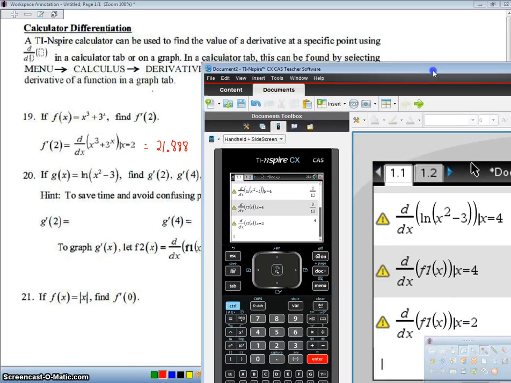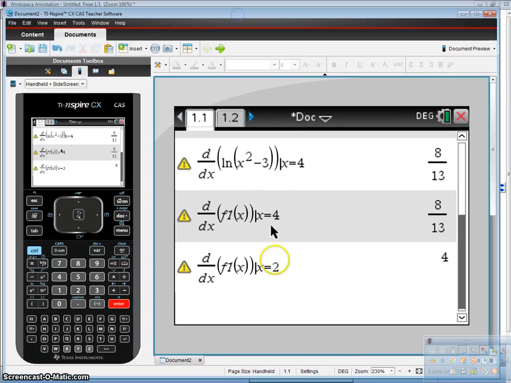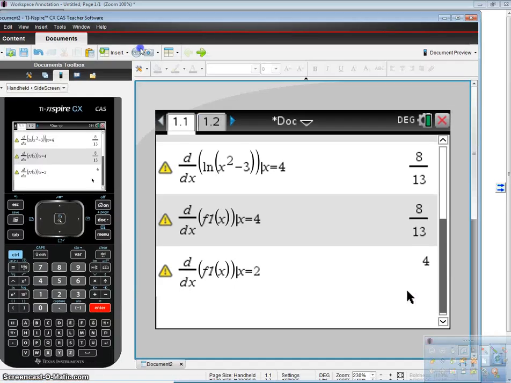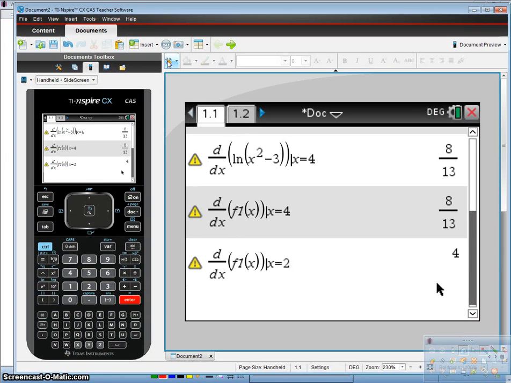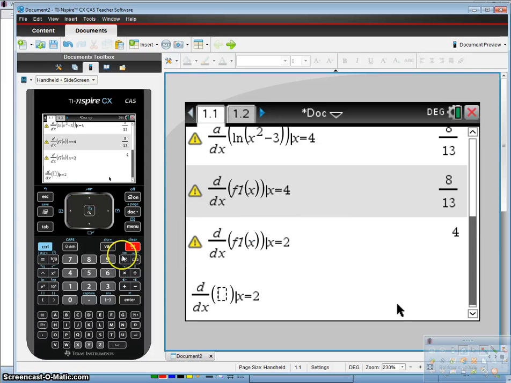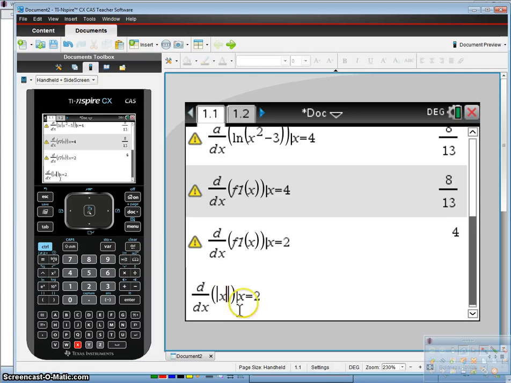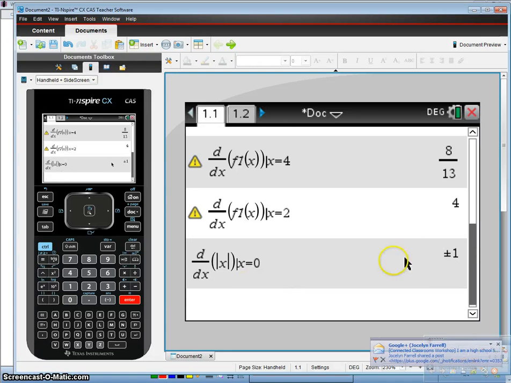So if we wanted, number 21 there, if f of x equals absolute value of x, find f prime at 0. Well, you know that absolute value is not going to be defined right there. So let's go ahead and do that. Okay, so the absolute value is in this little button right here. There's absolute value of x, and we'll change this to x equals 0. And it says plus or minus 1.